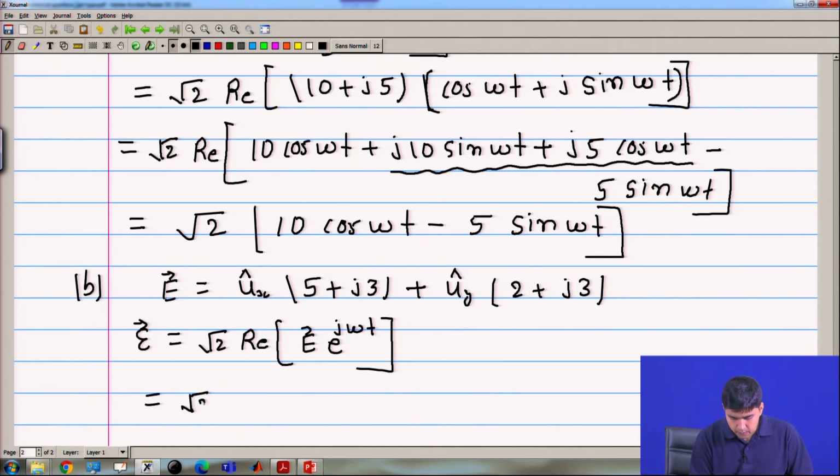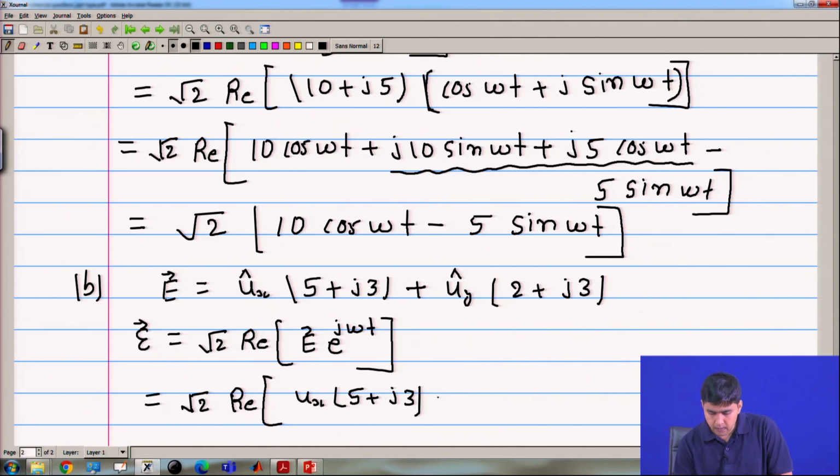So, we can substitute the value of E here and we can again extract the real part. So, root 2 real part of ux (5 plus j3), and we can multiply inside e to the power j omega t, plus uy (2 plus j3) e to the power j omega t.